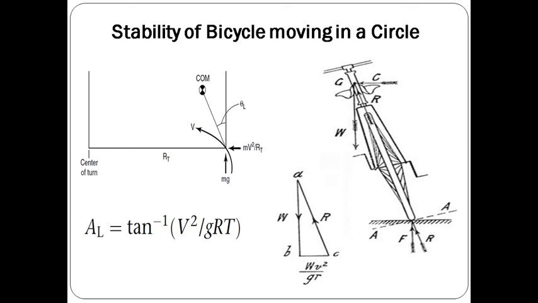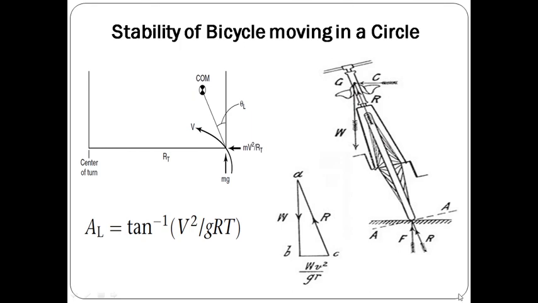That equal amount of horizontal radial force is required to give the mass its circular motion, and the line of action of R must therefore pass through the center of gravity, or center of mass G.